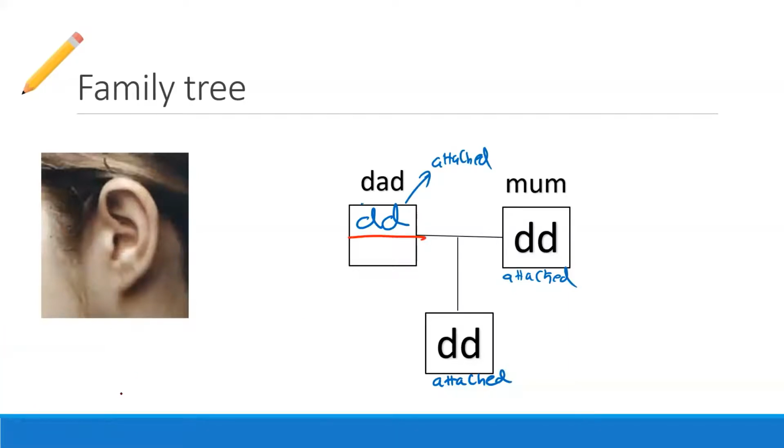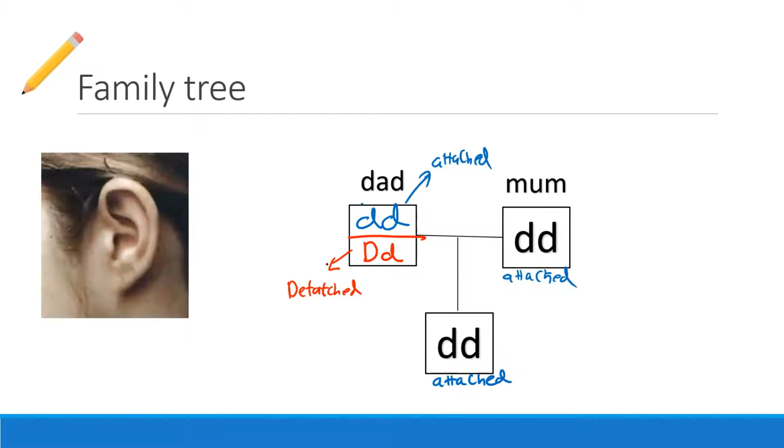What if the father instead had a capital D and a lowercase d, a dominant gene and a recessive gene? What would his earlobes be in this situation? Attached or detached? Detached. That's my family tree. Now, would this still work?